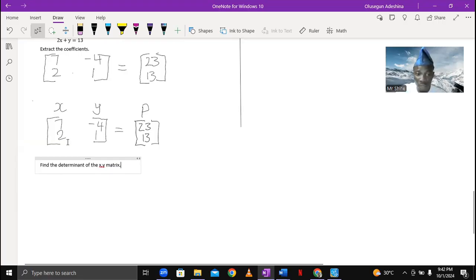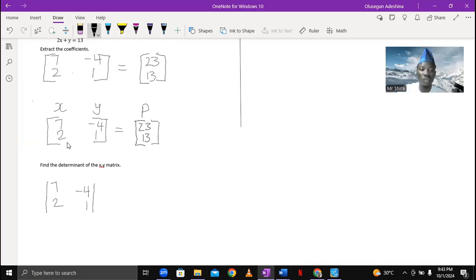So in finding the determinant of a matrix, this is what we do. We draw two vertical lines which represent the boundary of the elements inside the matrix. And the elements in the matrix are written down accordingly.